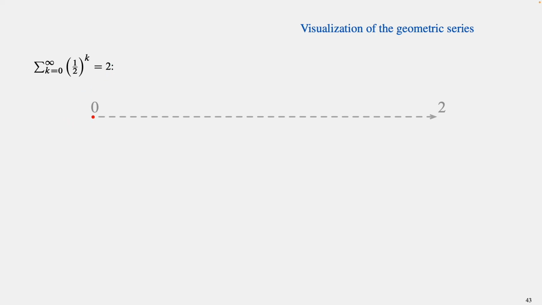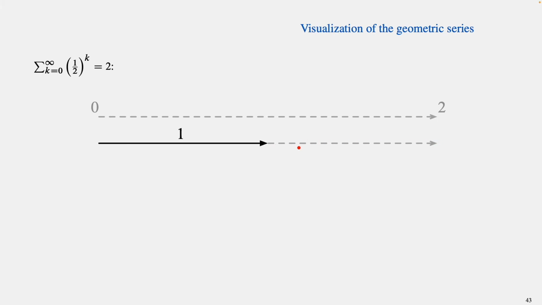So I begin with 0, then I add the first term for k equal to 0, which is 1. So I'm here. Now let's think of this. I'm trying to reach number 2 or even beyond by adding the summands here, infinitely many of them. The first one is 1, so I'm already halfway to my goal, to the number 2.